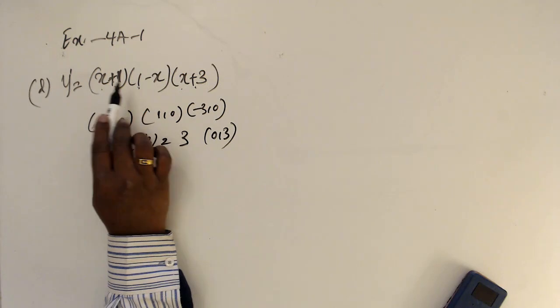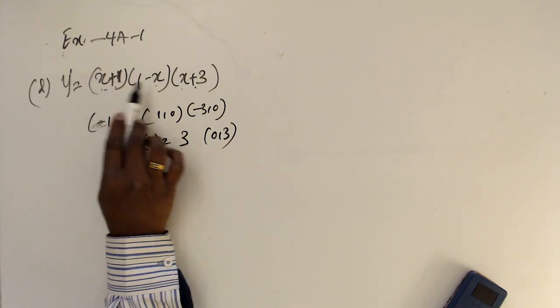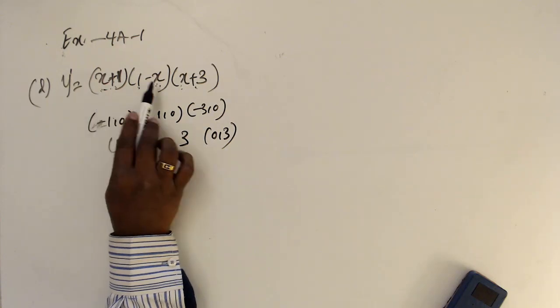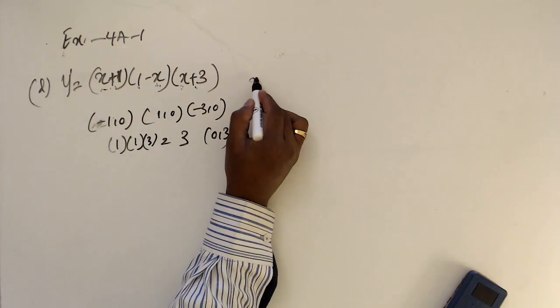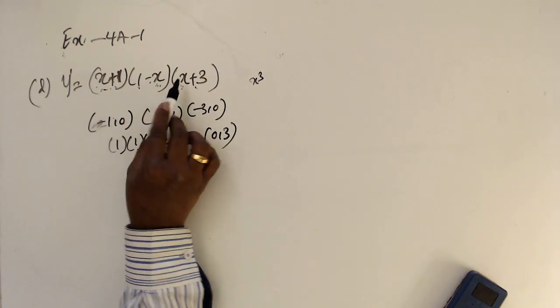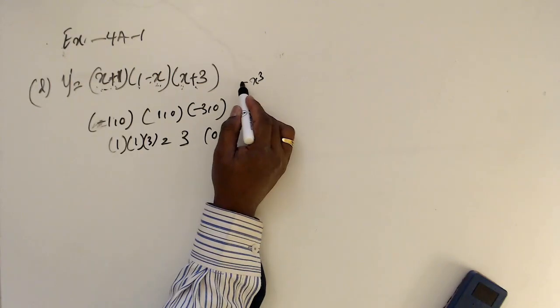Now you can see this is going to be a negative coefficient: x times x times x cubed, plus times minus, minus times plus, gives minus.